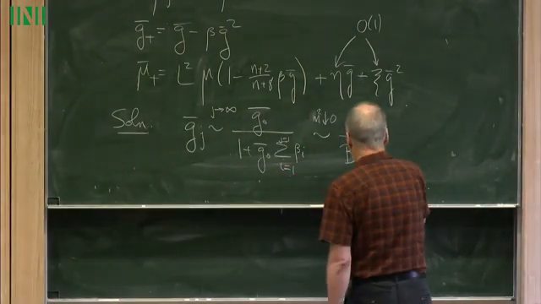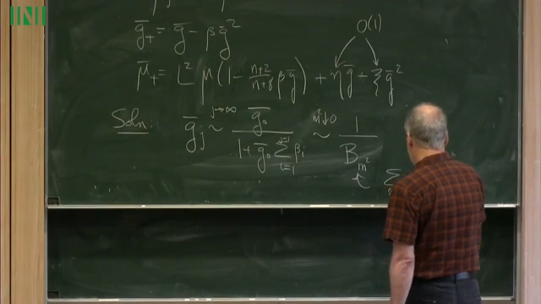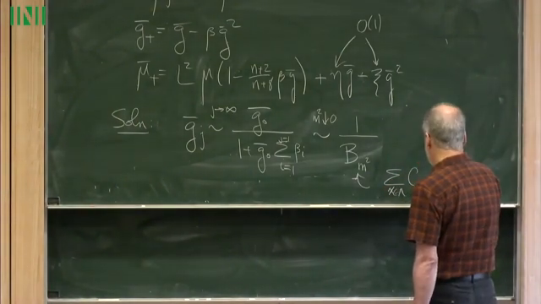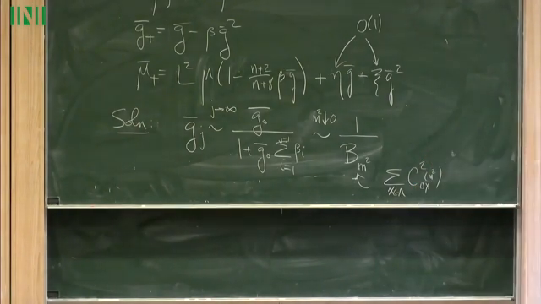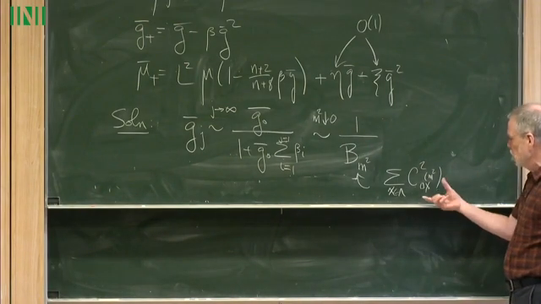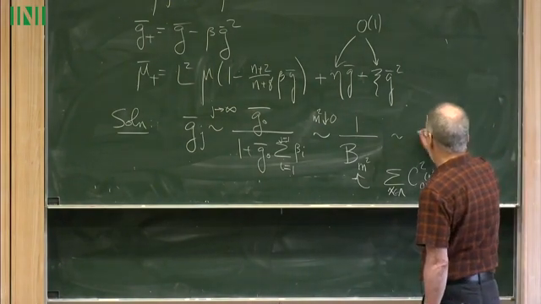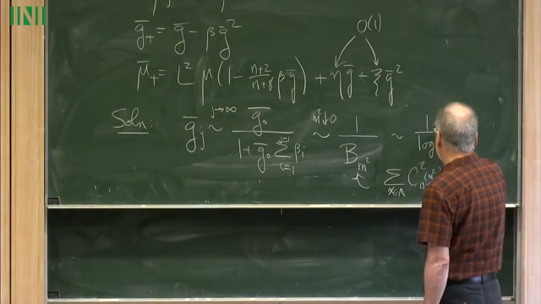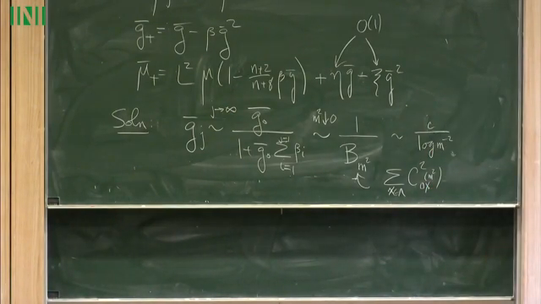So this bubble diagram is just the sum over all x in lambda of the full covariance C0x squared, which is a function of m squared. And it diverges logarithmically as m goes to 0. We're in 4 dimensions. This is behaving like 1 over x to the 4th, except there's a mass term as well. So this thing behaves like 1 over the log of m to the minus 2, maybe with some constant, which you can compute.